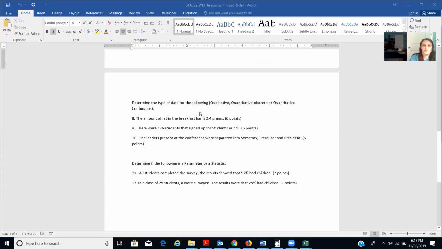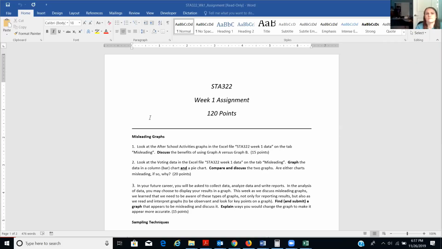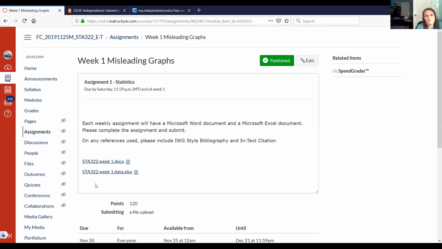So you'll see a Word doc and a spreadsheet. I'll pull up the spreadsheet in a second as well. No, that's not what I want. Okay, so the spreadsheet, we'll pull that one up.